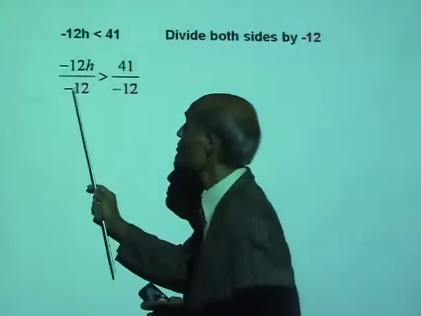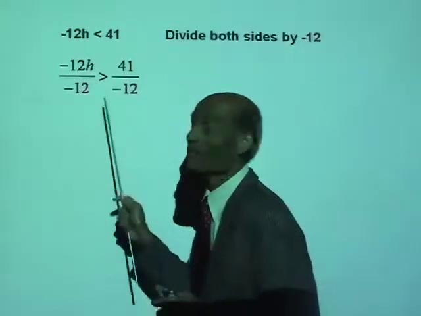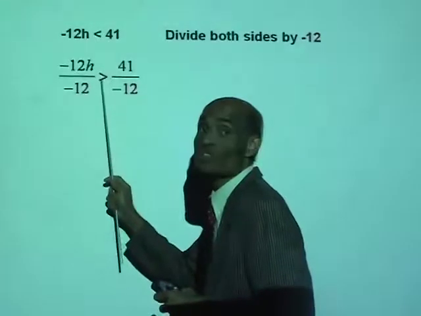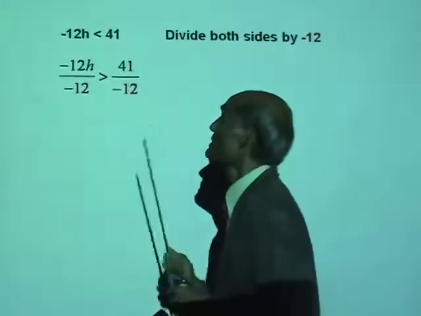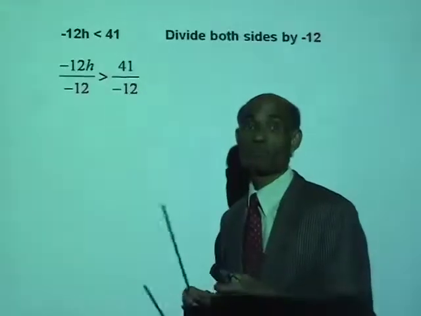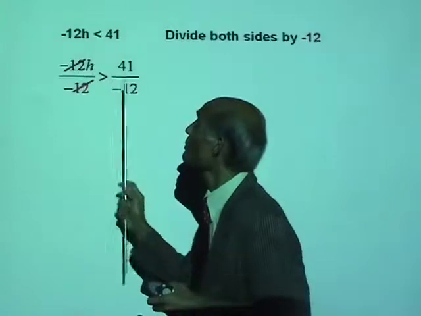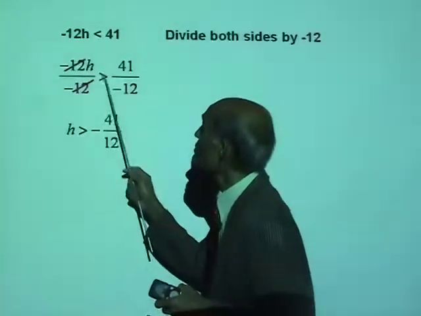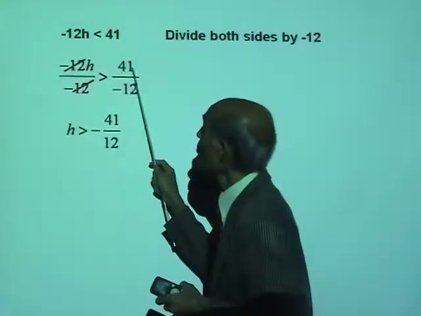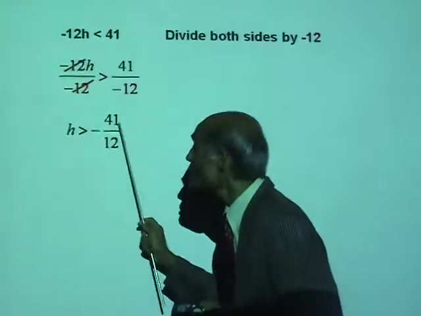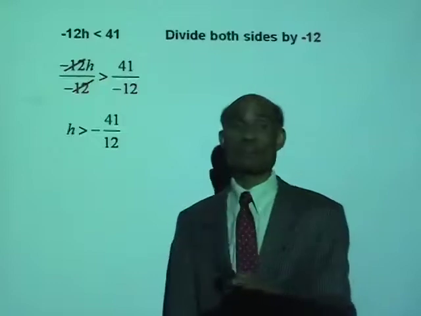Negative 12h over negative 12 is greater than, less than became greater than 41 divided by negative 12. Negative 12 and negative 12 will go. We have h is greater than 41 divided by negative 12 is negative 41 over 12.